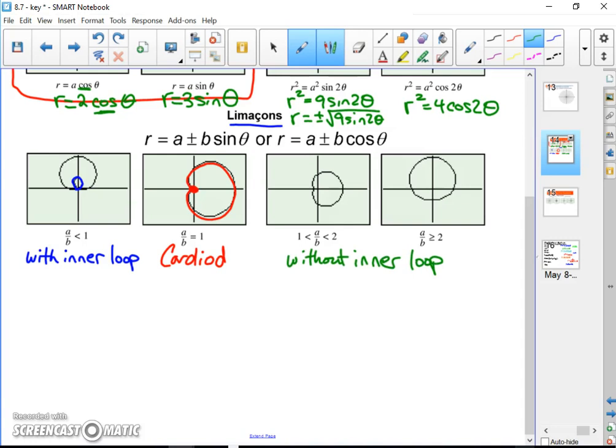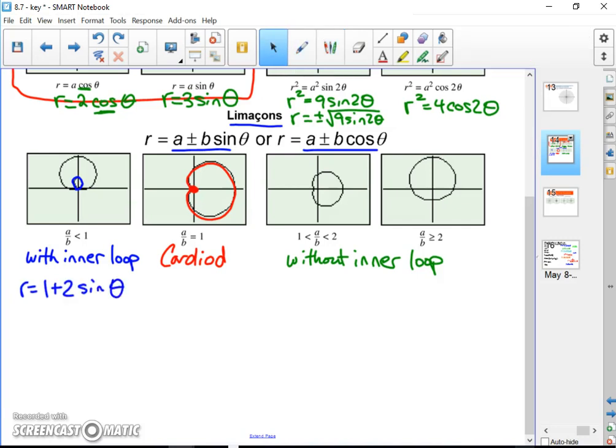They all kind of look the same, and their equations are going to look like this. You're going to have either this form or this form, but the numbers are what is really going to make the difference. With an inner loop, you're going to see something like r equals 1 plus 2 sine theta.